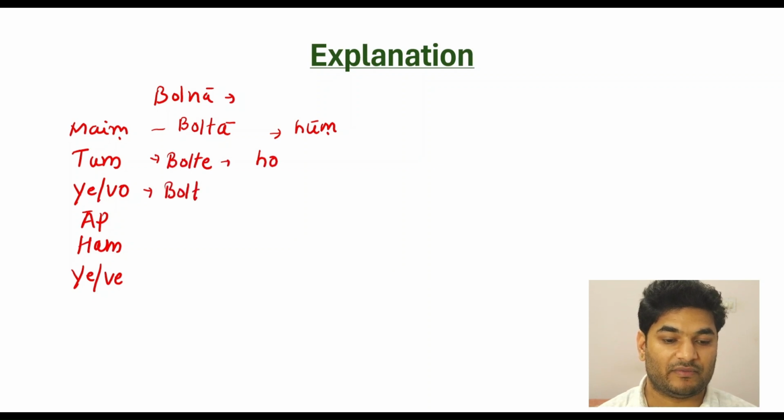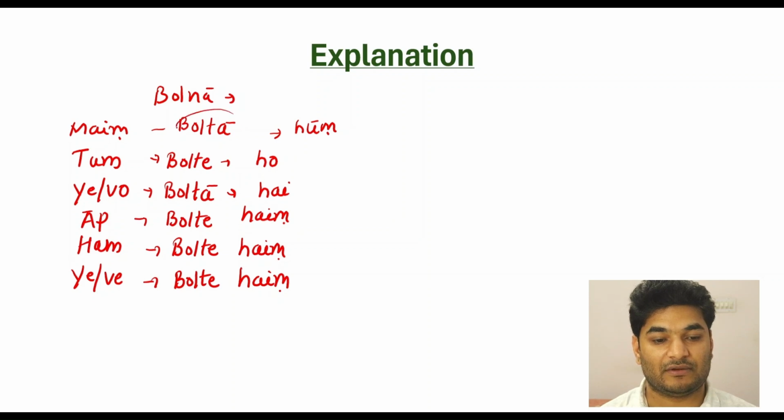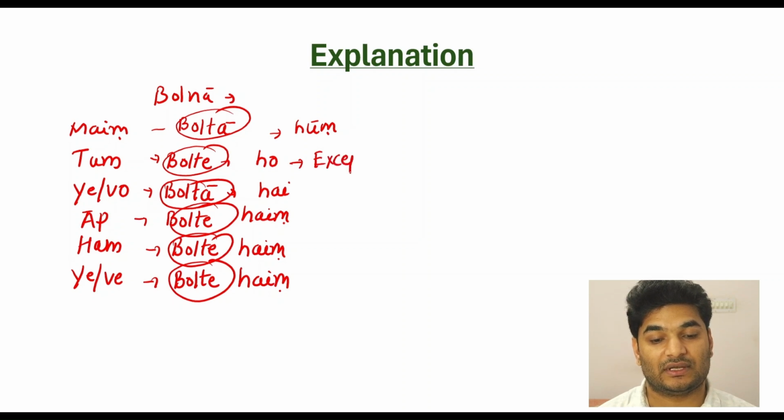With ये, वो it will be बोलता है. With आप बोलते हैं, with हम बोलते हैं, with ये, वे बोलते हैं. This is simple. With singular we use बोलता, with plural we use बोलते, and with तुम this is an exception. Alright?